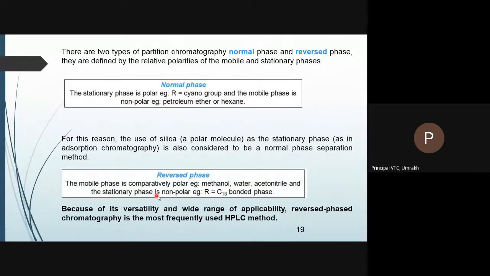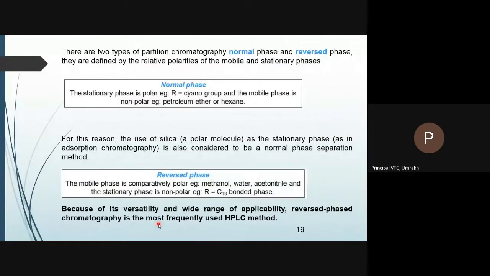While the stationary phase used in reverse phase chromatography is non-polar, for example C18 bonded phase or C8 bonded phase. Because of its versatility and wide range of applicability, reverse phase chromatography is most frequently used in HPLC. The mobile phase is polar, many of our liquids are polar, and water is also polar, so we are using reverse phase chromatography.